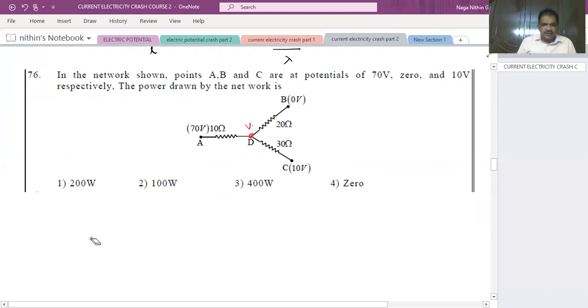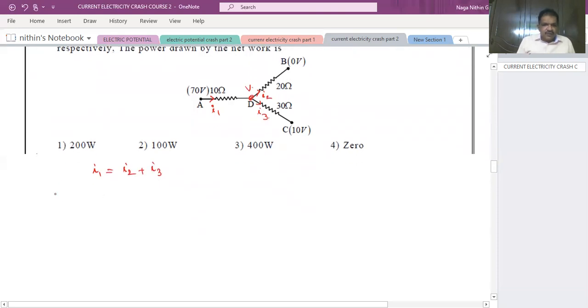So here, this current I am assuming I1. This is I2. This current, let it be I3. I1 is equal to I2 plus I3. So the I1 value will be 70 minus V by 10. This is V minus 0 by 20. V minus 10 by 30.